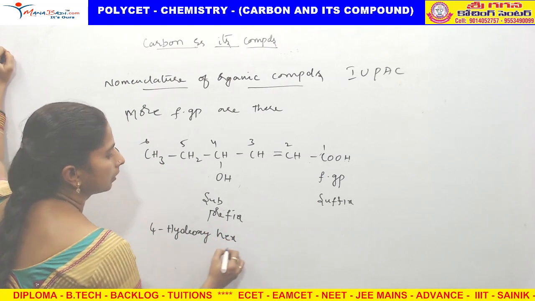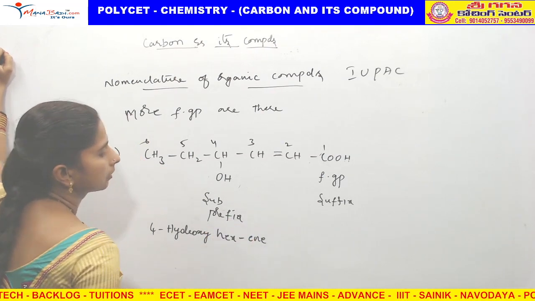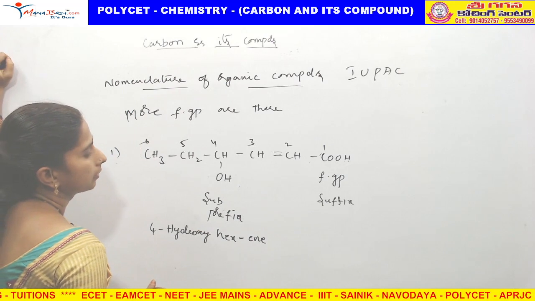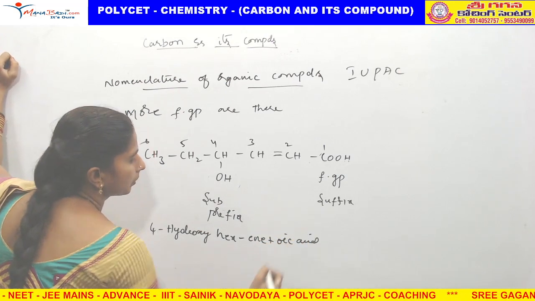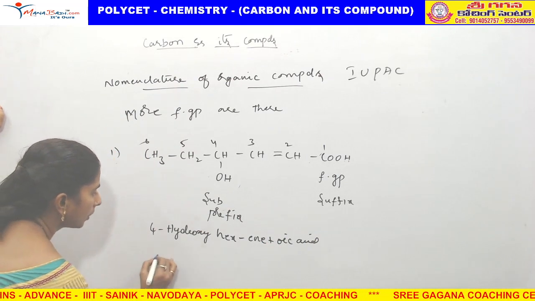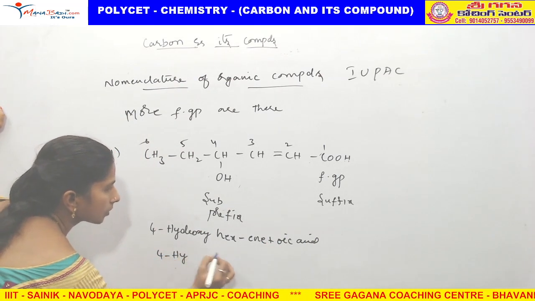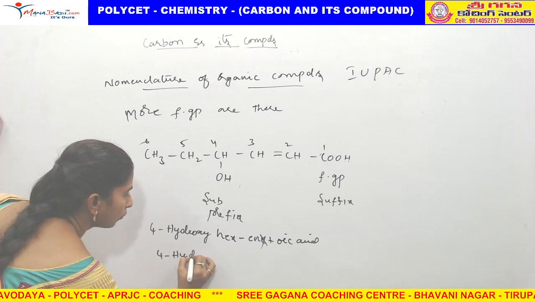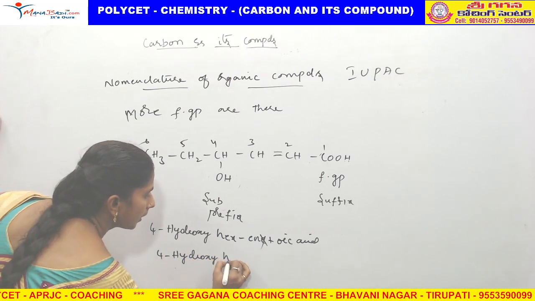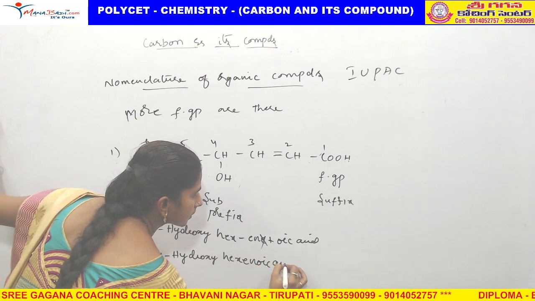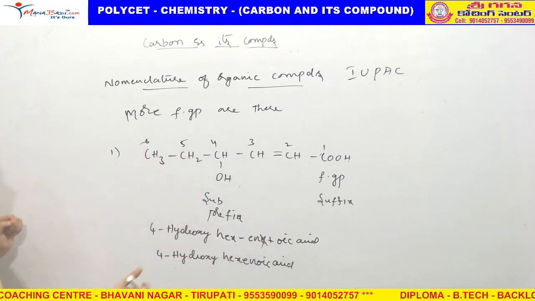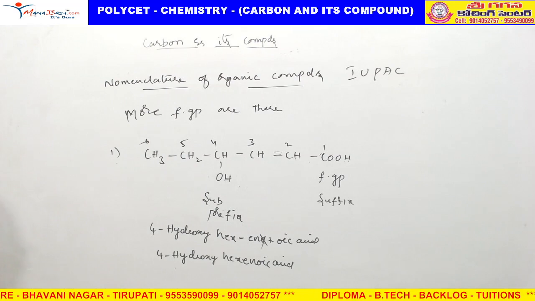Hexene plus oic acid. What is the name? 4-hydroxy, the 'e' gets cancelled. 4-hydroxyhexenoic acid. Hexenoic acid. Right.